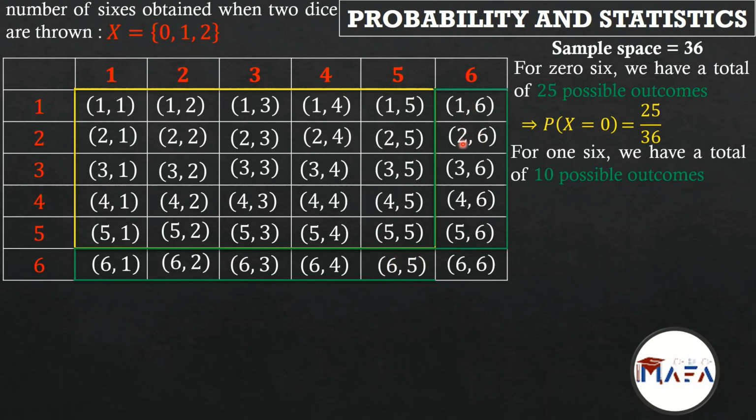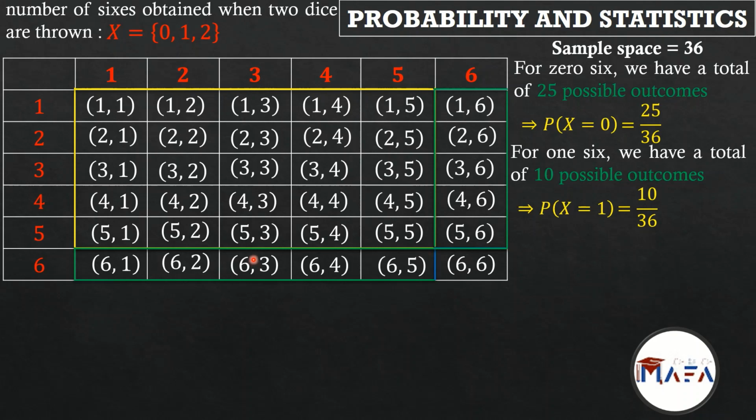So the probability of us getting one 6 is the number of favorable outcomes, which is 10, divided by the sample space, which is 36.